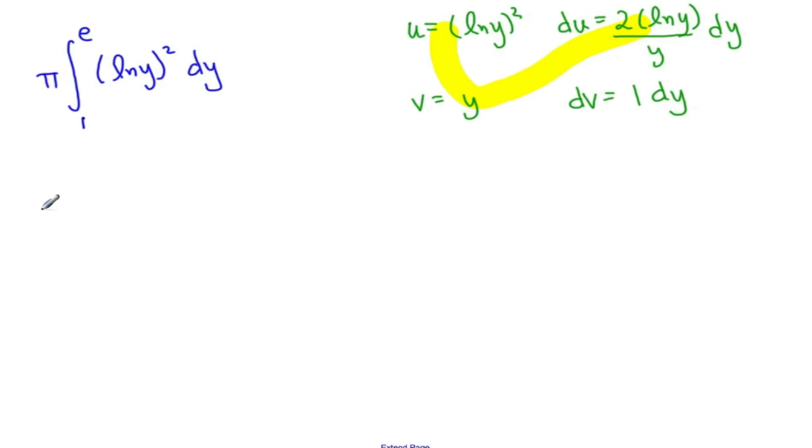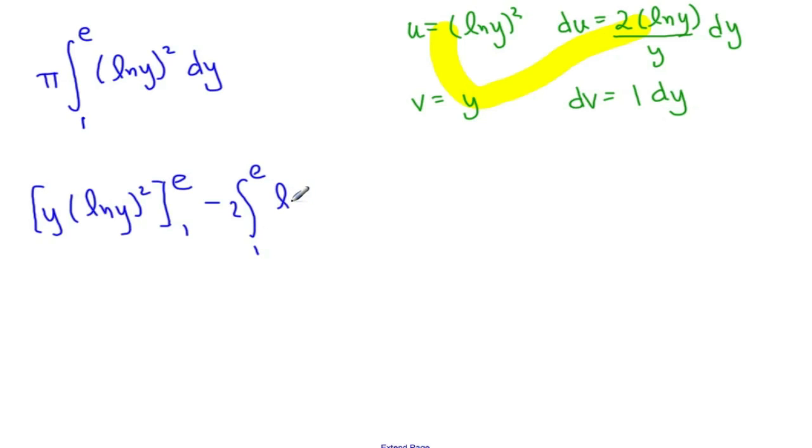So that's y (ln y) squared from 1 to e, minus the integral of v du. I'll pull out the 2. The y's will cancel, and I'll be left with ln y dy.